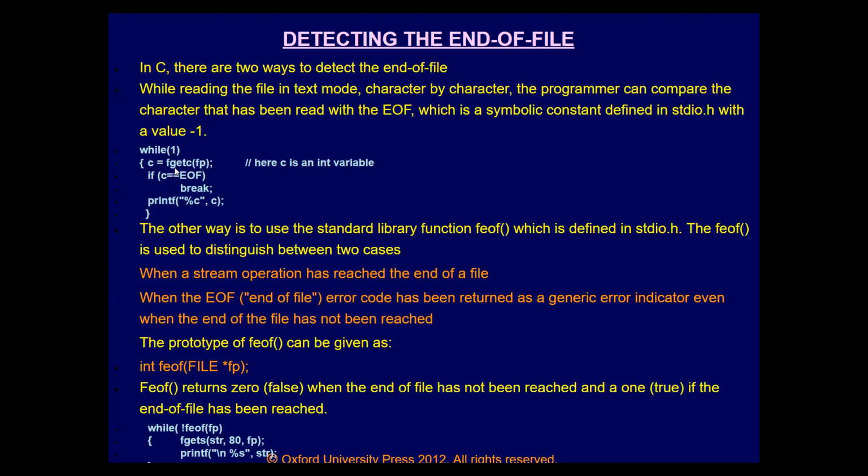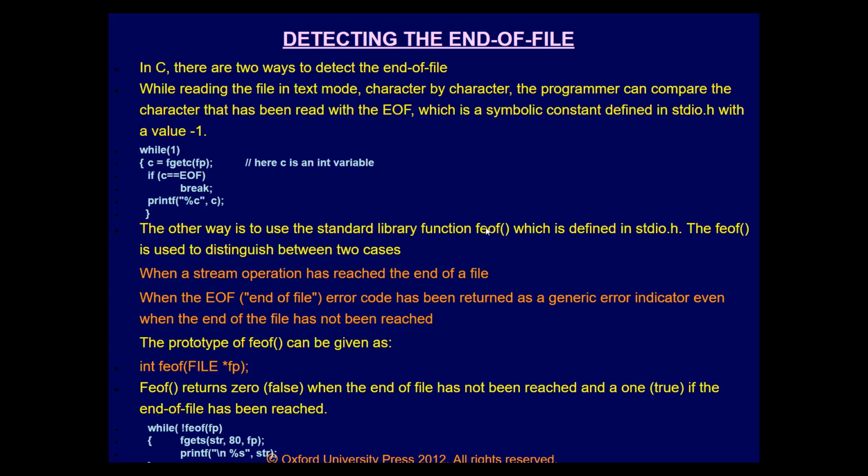It checks if the read character is equal to the EOF constant, which is -1. Then break. If the end of the file is reached, it exits the loop; otherwise it prints the character to the console.